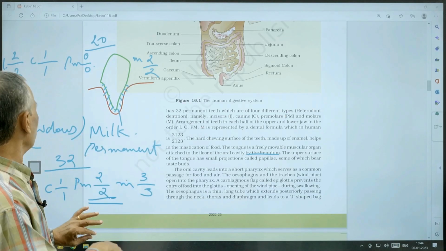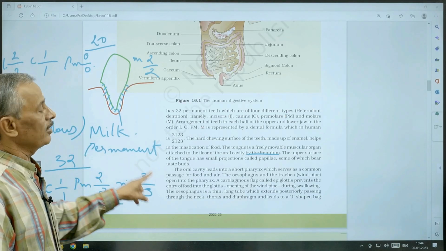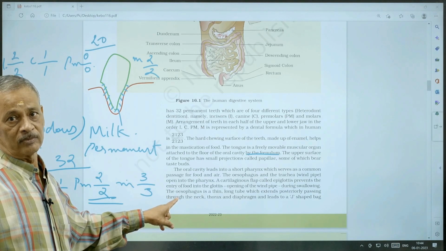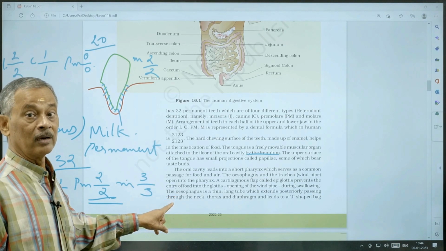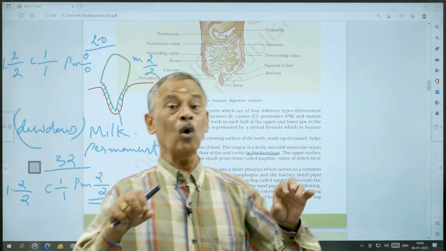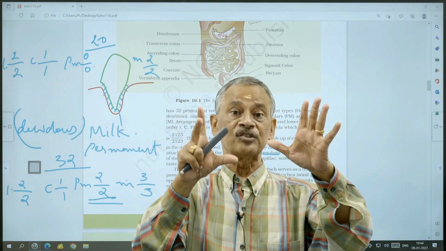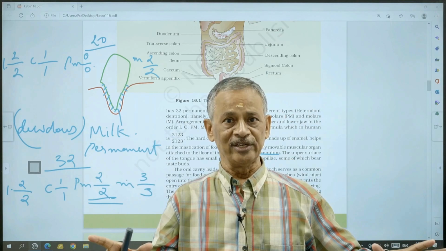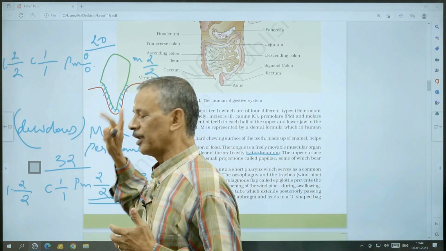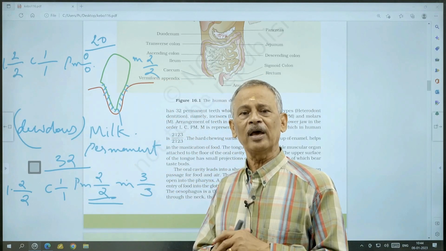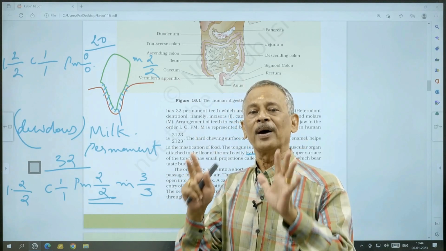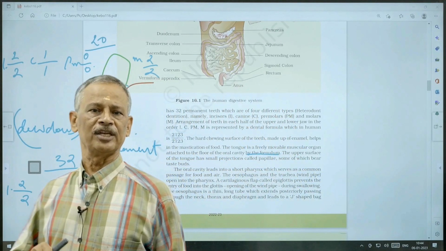We can again say that the premolar and the last molar, wisdom teeth, have no predecessors, no representative in milk dentition. They appear only in permanent dentition. Okay.